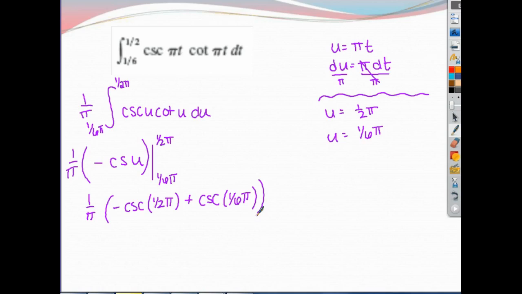So cosecant is really what? It's 1/sine. Well, yeah, if you're taking your negative from the beginning. Yep. So the sine of pi halves would be positive 1, and then because there's a negative out here, it'd be negative 1. And then you could distribute your 1/pi if you wanted.